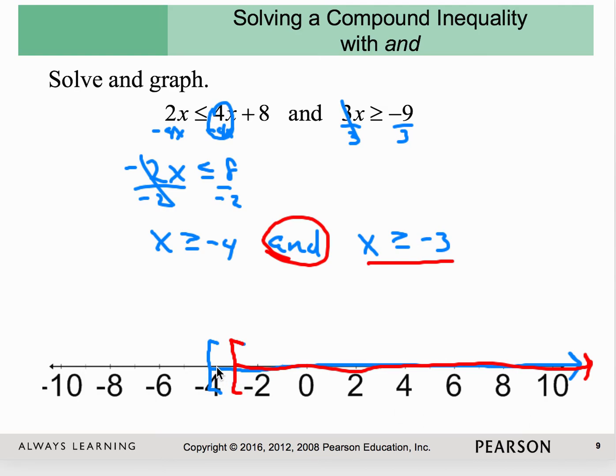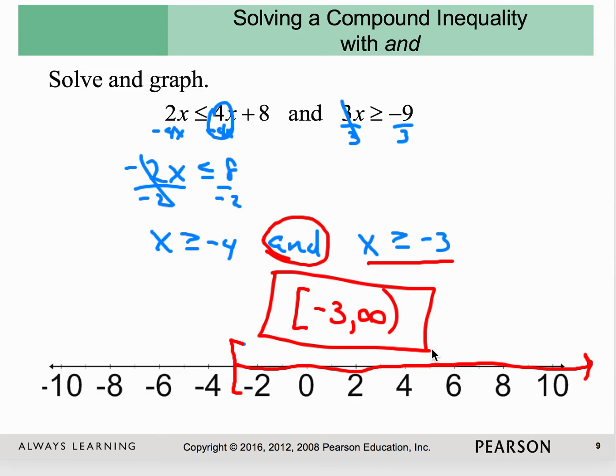And this part right here isn't in both of them. It needs to go. Okay, so that's what my final answer looks like. So if I want to write that in interval notation, it's negative 3 to infinity. Yeah, with the and, we don't ever really have that symbol in our interval notation because it's the overlap. I will just have one interval where both problems have solutions.